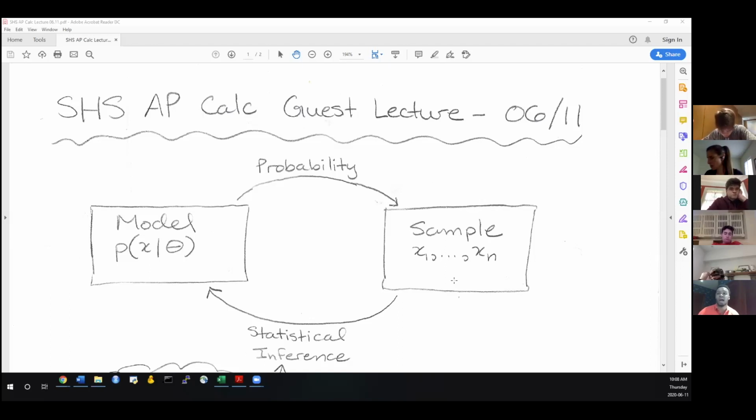And then suppose I ask you, given that that's the case, what's your best guess for the probability that the coin lands on heads after I flip it once? That would be the process of starting from a sample and then trying to recover the model that was used to generate those samples.